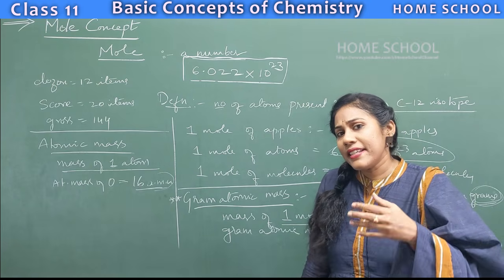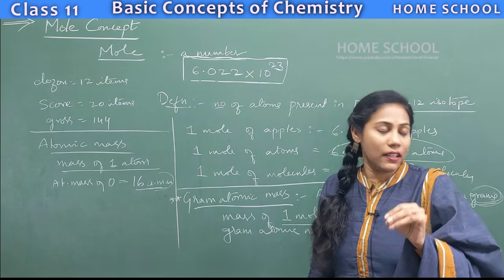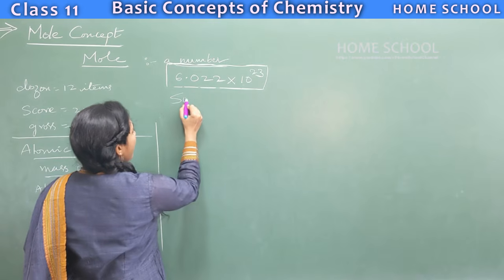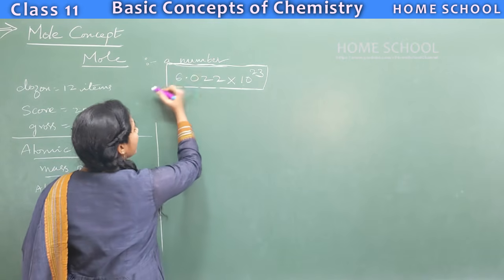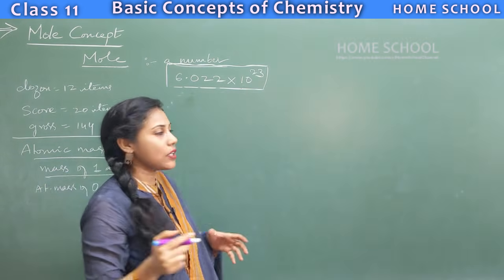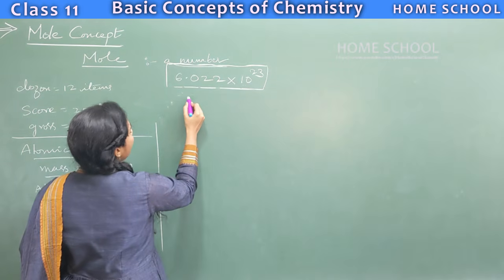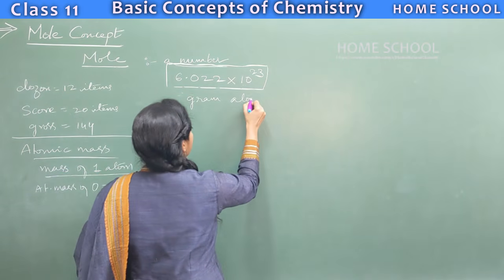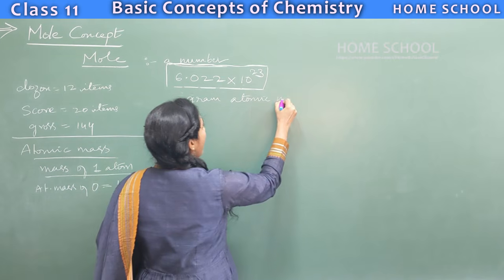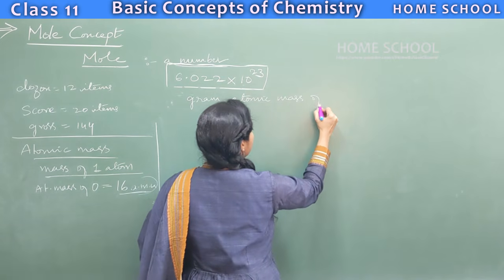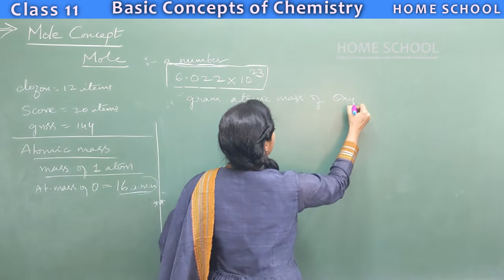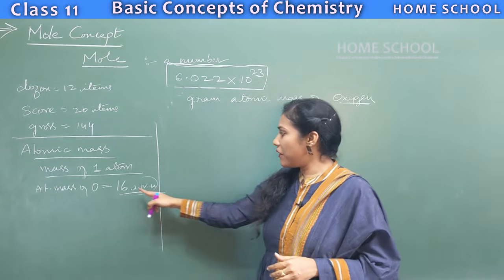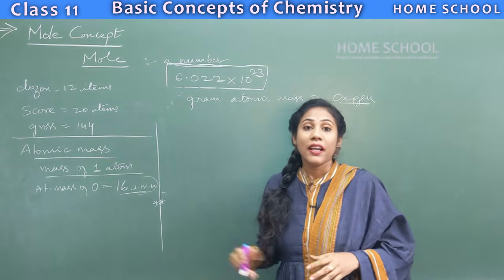So let us understand this deeply with the help of one example. Suppose I ask you to calculate the gram atomic mass of oxygen. We know the mass of one atom of oxygen is 16 AMU.